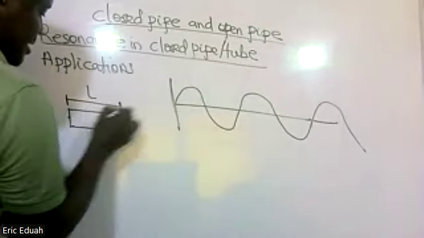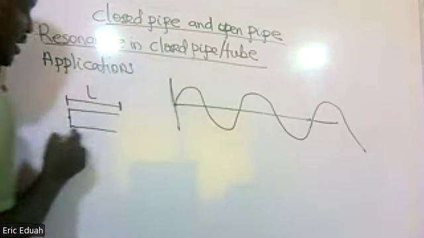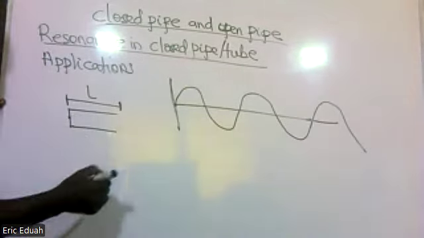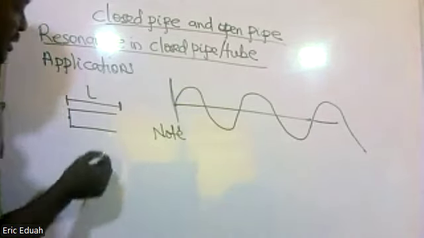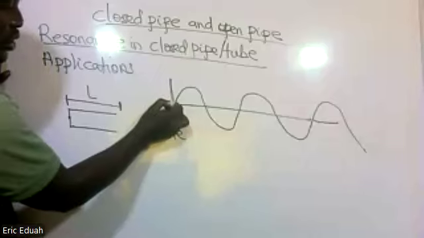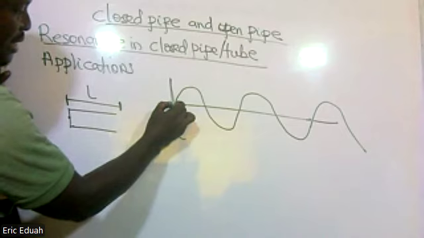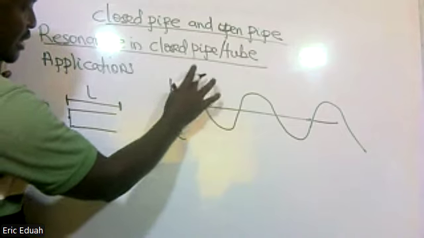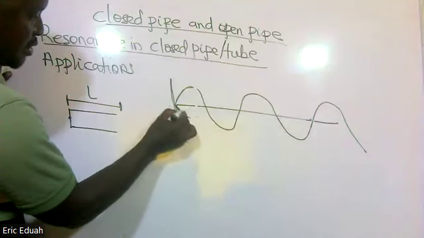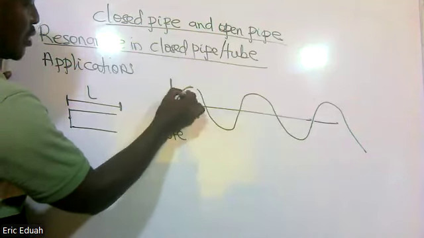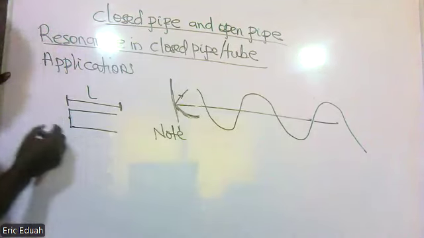Because this end is closed, there will be a node here. So the first possible loop that will be formed would have this shape, closed and open end. So the first possibility will look like this, and this will be the reflection. One is the incident and then the reflection.